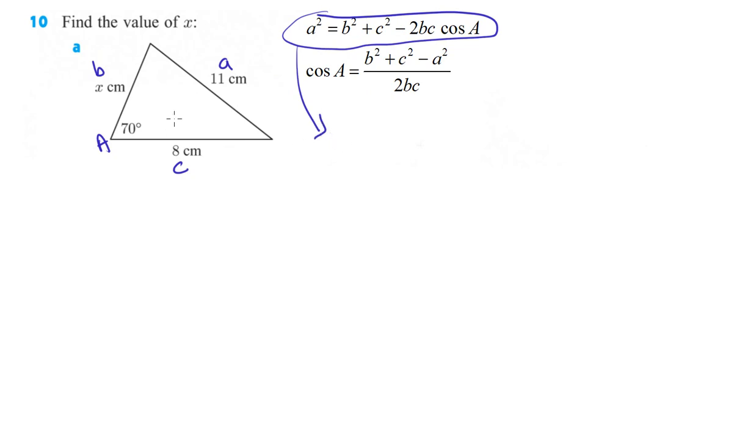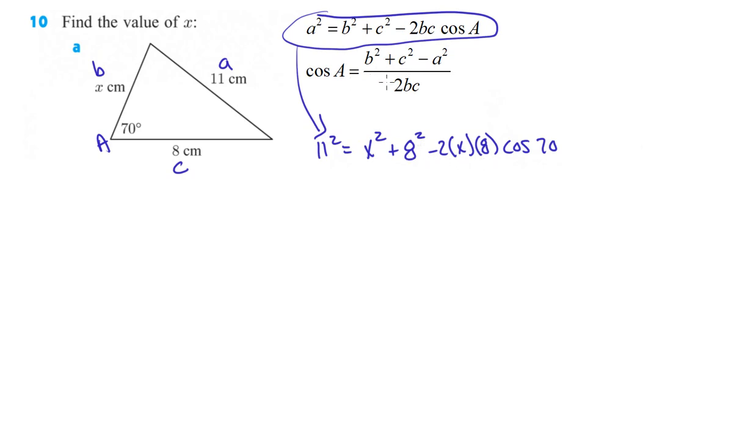Let's figure it out. A in this case is 11 squared equals B squared, which in this case is x, plus C squared, which is 8, minus 2 times x times 8 cosine of 70. This is a little trickier because we're going to have x squared and an x, but I don't think there's any way out of doing that.